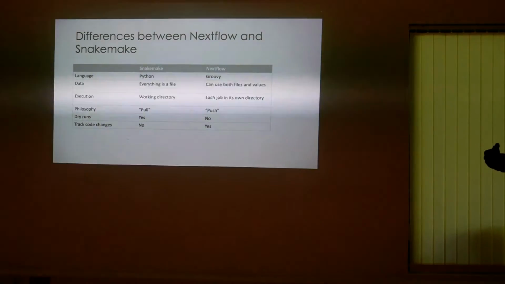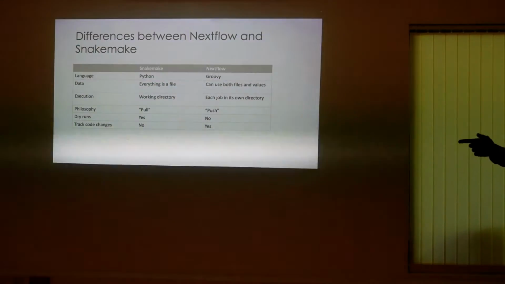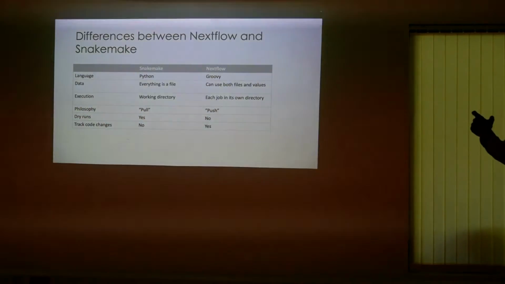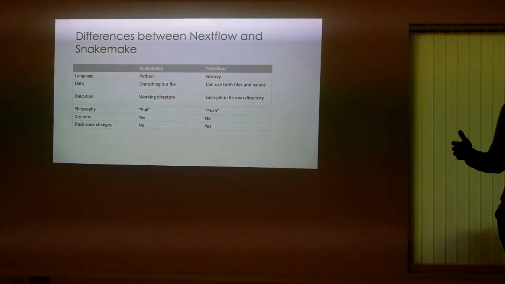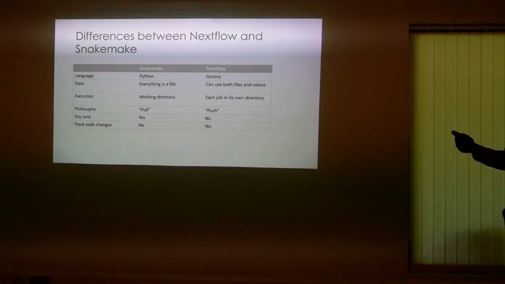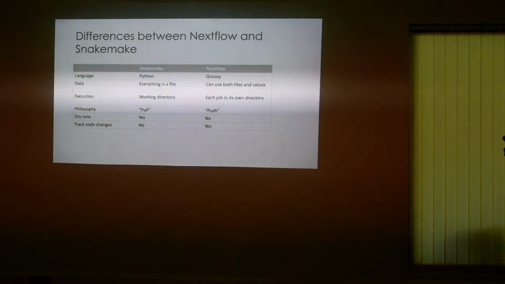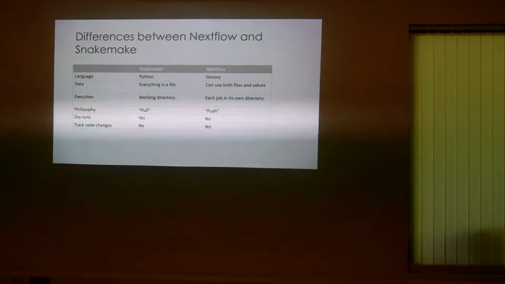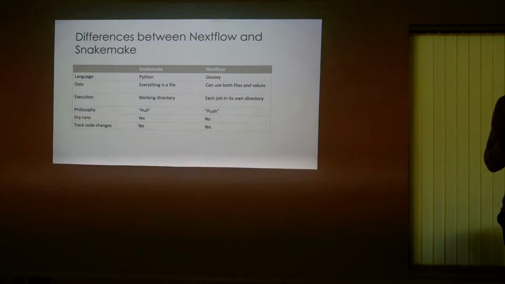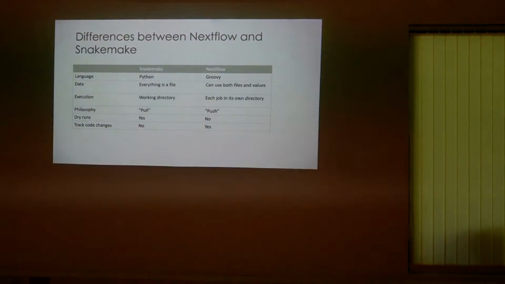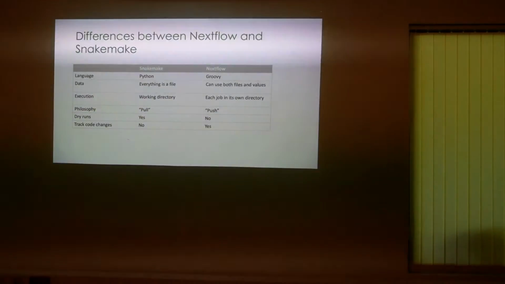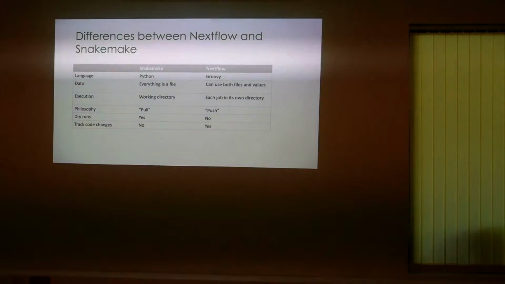In terms of execution, Snakemake will always work within the working directory in which you're running it. In Nextflow, each job or task has its own directory. The philosophy behind Snakemake is that it's pull, so you explicitly have to state both the inputs and the outputs.